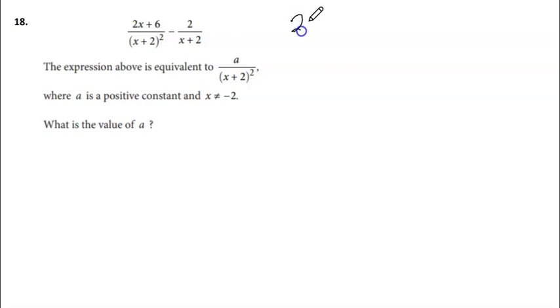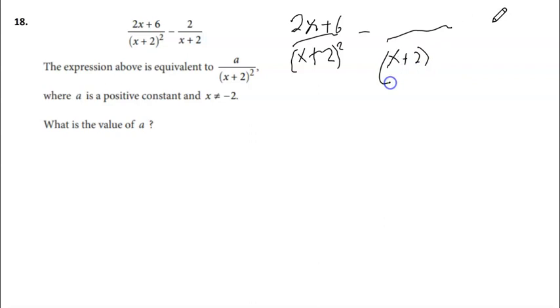So we have 2x plus 6 over x plus 2 all squared on the left side. And then on the right hand side, we have x plus 2, right?